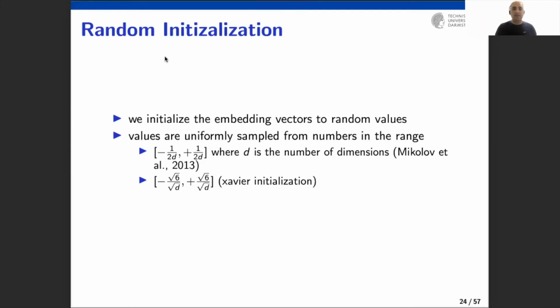There is another type of initialization named Xavier initialization. In this method, the range of the values that you sample your vectors from is defined again based on the length of the vector, and it's defined like this.